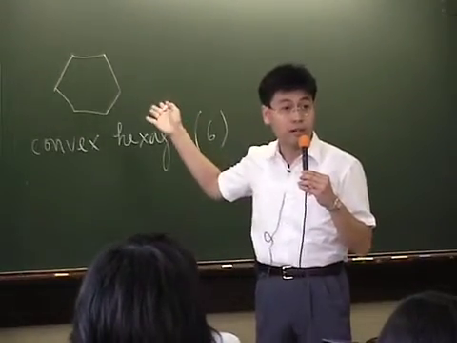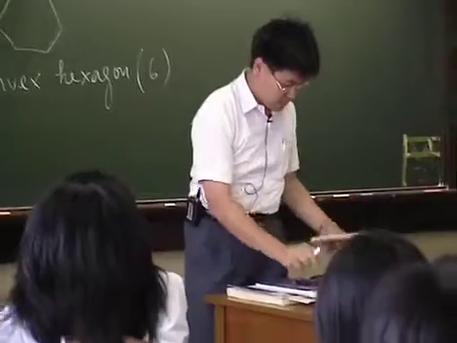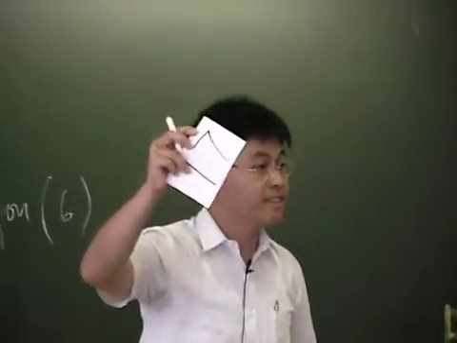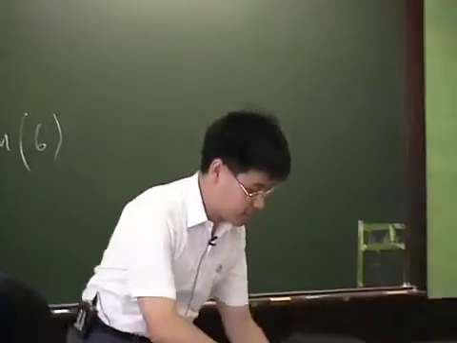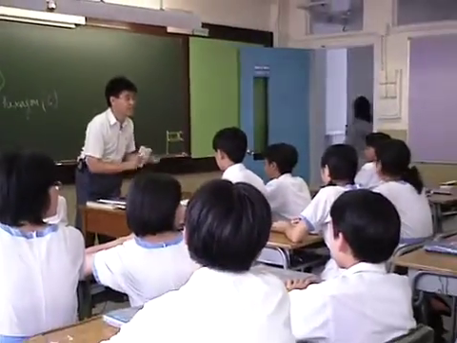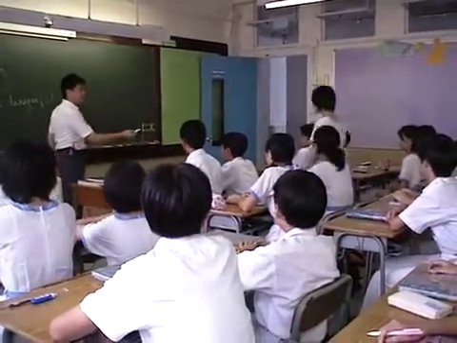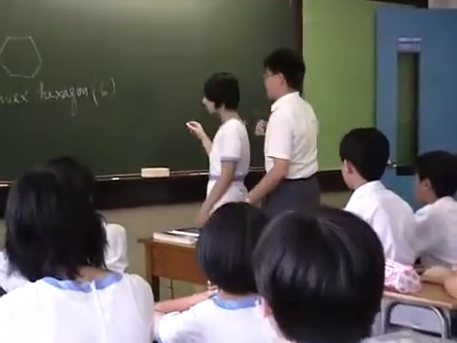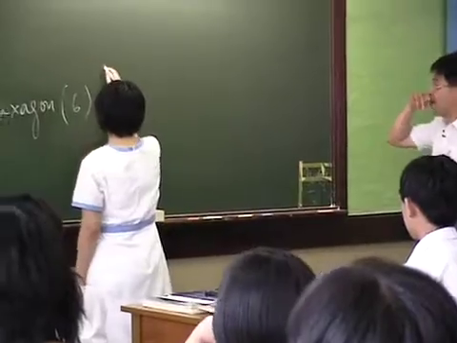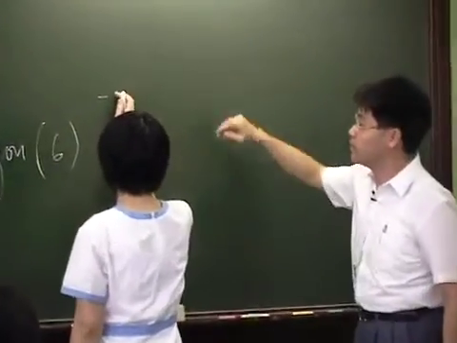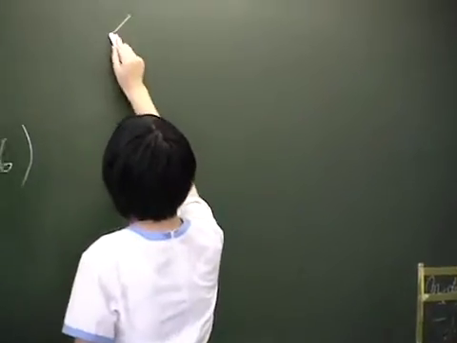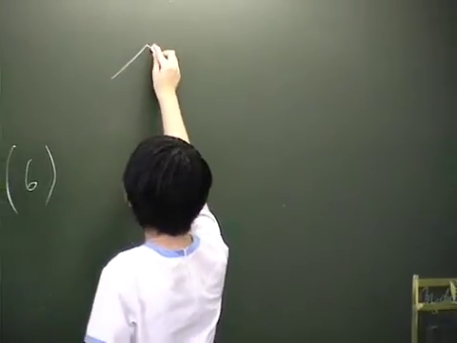Okay, and I want another boy or girl to come up to draw another type of polygon. You draw here, okay. I want you to draw another type of polygon.